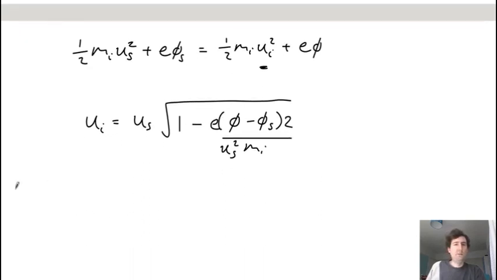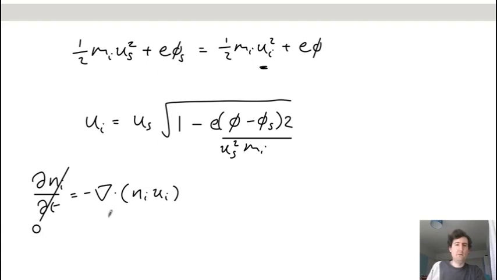And we can then combine this with the continuity equation. If we have conservation of particles, so there's no ionization or recombination or anything like this, then we can write down the ion continuity equation. So we just have divergence of n_i u_i, and since it's steady state, that goes to 0. And so this says that d by dx of n_i u_i equals 0, and so this is constant.